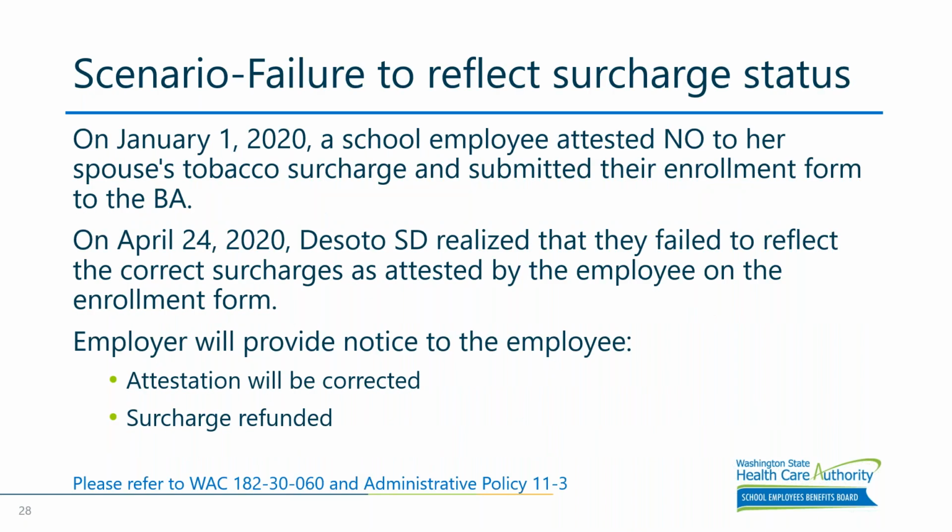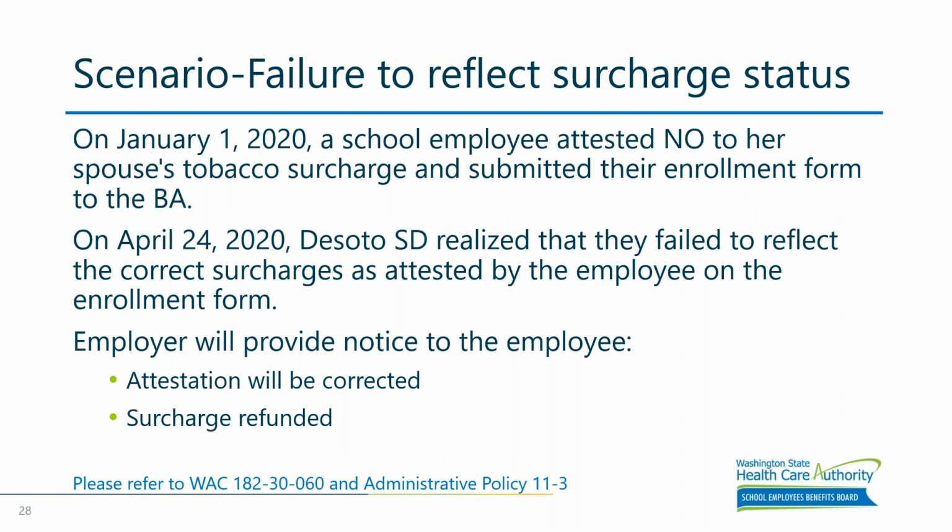All right, here's another scenario: failure to reflect surcharge status. So on January 1st, a school employee attested no to their spouse's tobacco surcharge and submitted their enrollment forms to the BA. On April 24th, DeSoto School District realized that they failed to reflect the correct surcharges as attested by the school employee on the enrollment form.